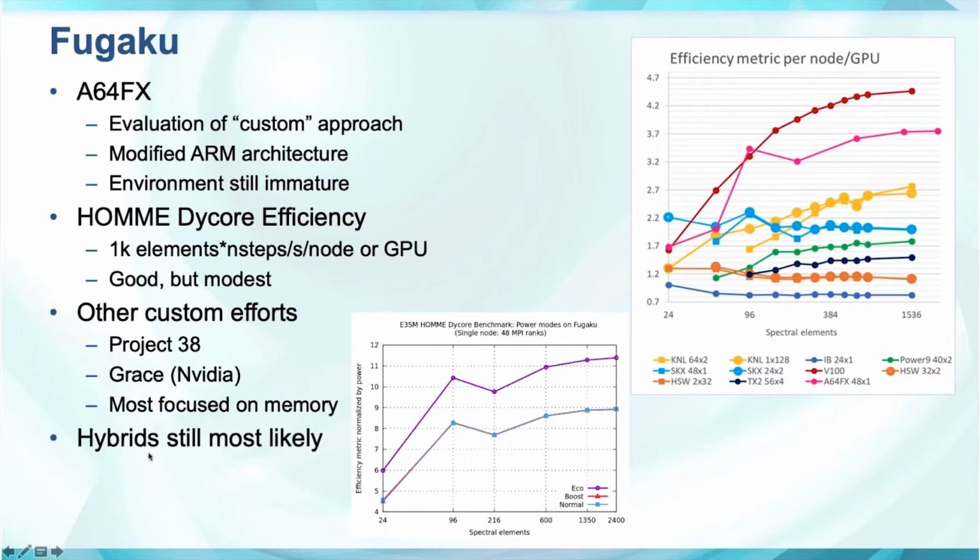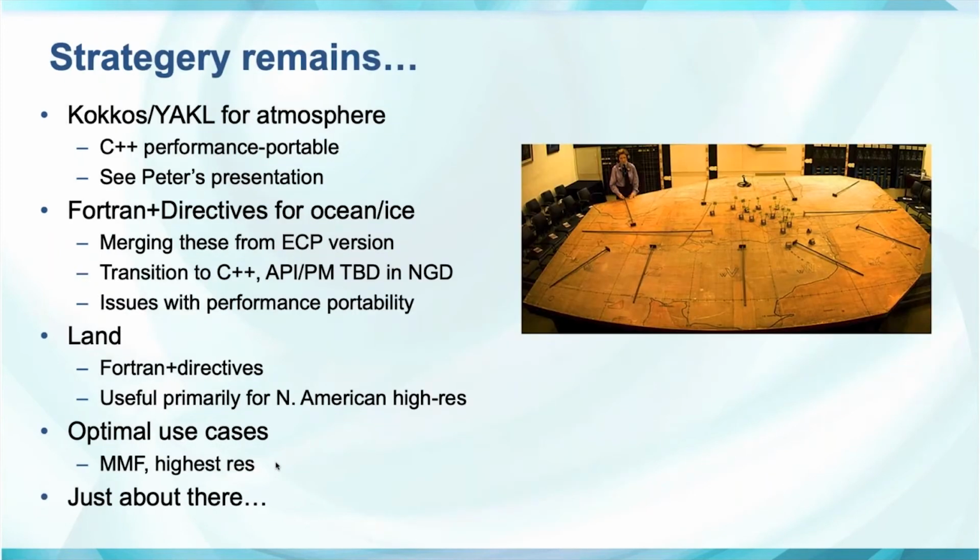But the bottom line is none of these are going to keep us on the CPU track, and we still have to go down this hybrid path where we're working with nodes that have a mix of processors on them, from GPUs and tensor cores and traditional CPUs, as well as some memory subsystems. So these are going to be increasingly complex as we go forward.